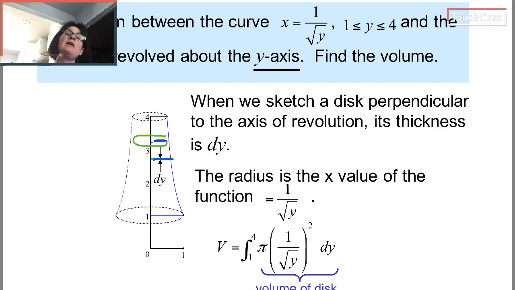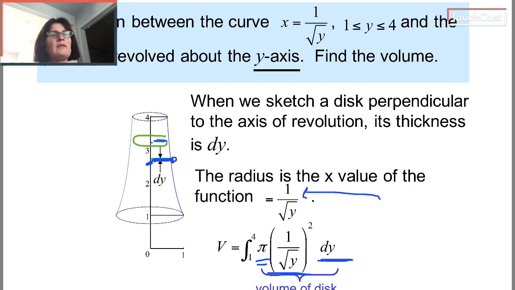So now I'm going to write an integral to say that I'm going to add up infinitely many, infinitely thin disks whose height is so small it's essentially 0, and whose area of the face is the area of a circle, so we have pi r squared. Notice r comes from this distance. That x-coordinate is 0. This x-coordinate comes from this function.